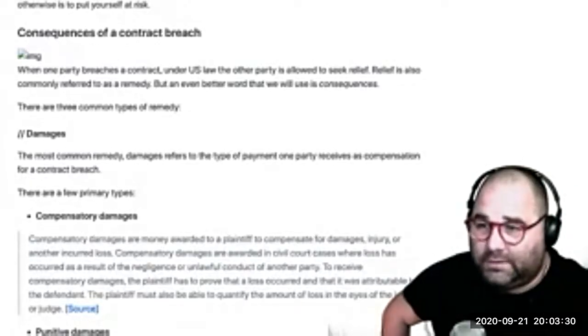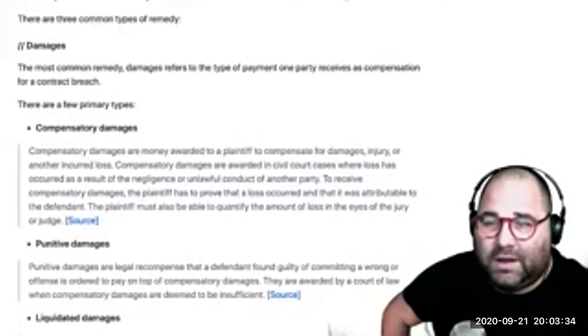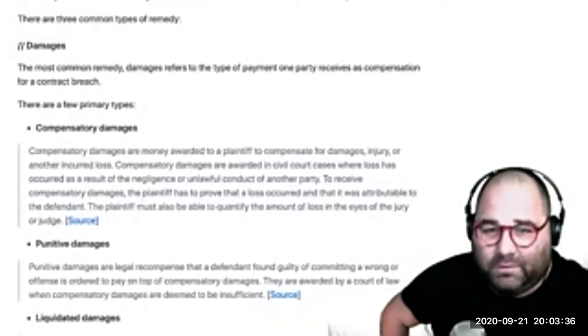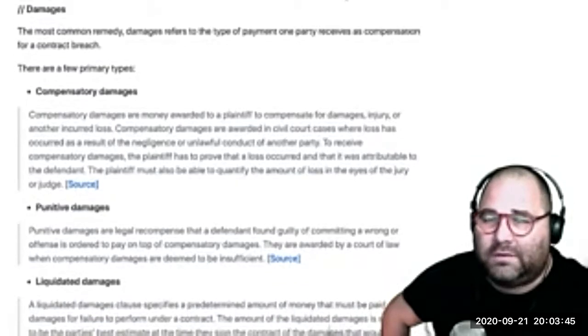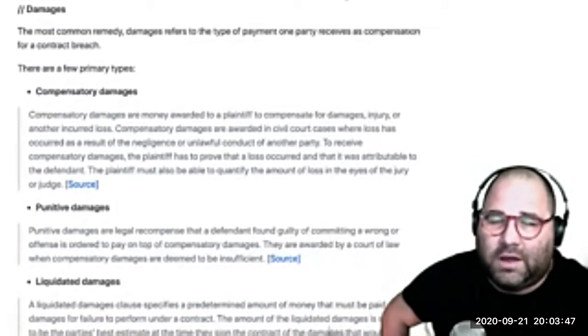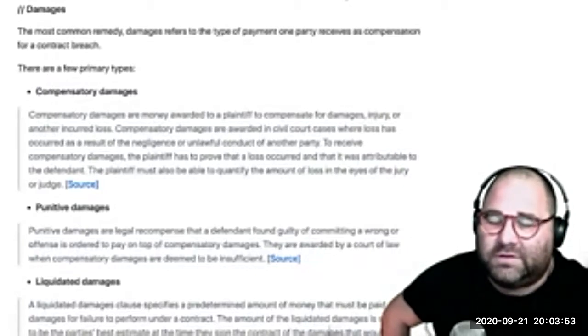The first one, damages. The most common remedy, damages refers to a type of payment one party receives as compensation for a contract breach. Three types, compensatory damages. This is to compensate for damages, injury, and other incurred loss. So what's another way to put this?